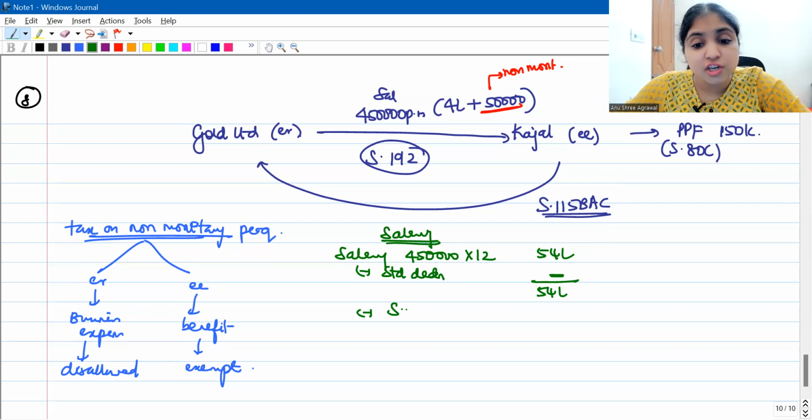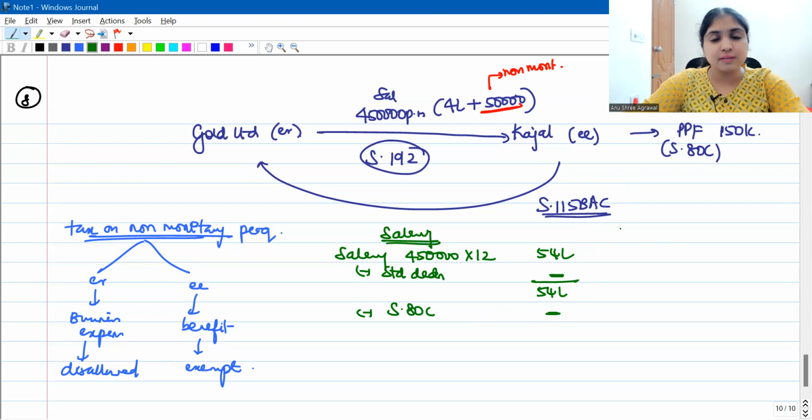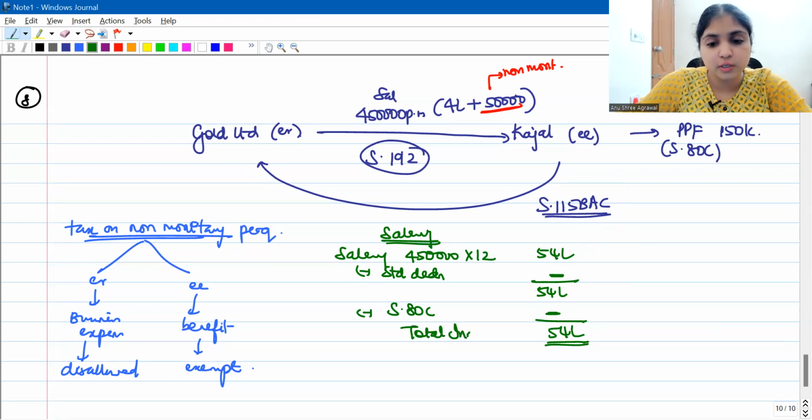You also get Section 80C deduction from the total income, but even that my assessee will not be able to enjoy because under 115 BAC, 80C deduction also you do not get. Under 115 BAC, the only Chapter VI-A deductions you get are 80JJAA and 80CCD subsection 2. So even 80C you will not get. So the total income of my assessee is going to be 54 lakhs according to the employer's calculations.